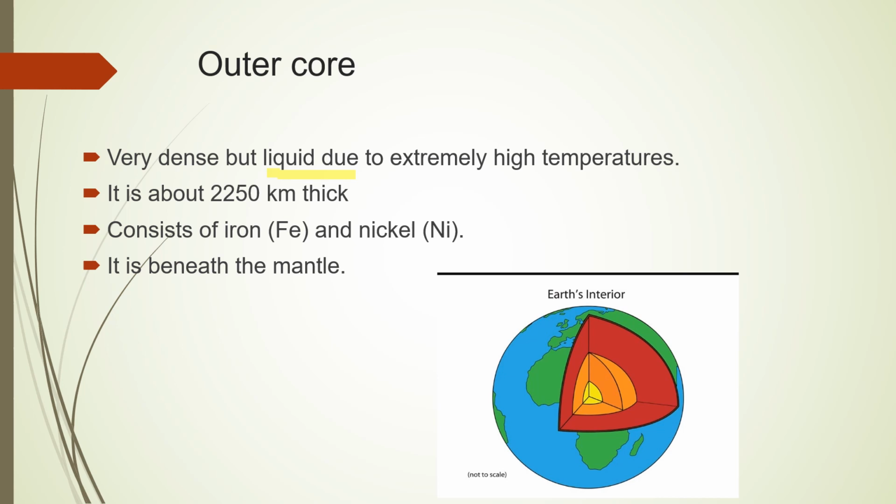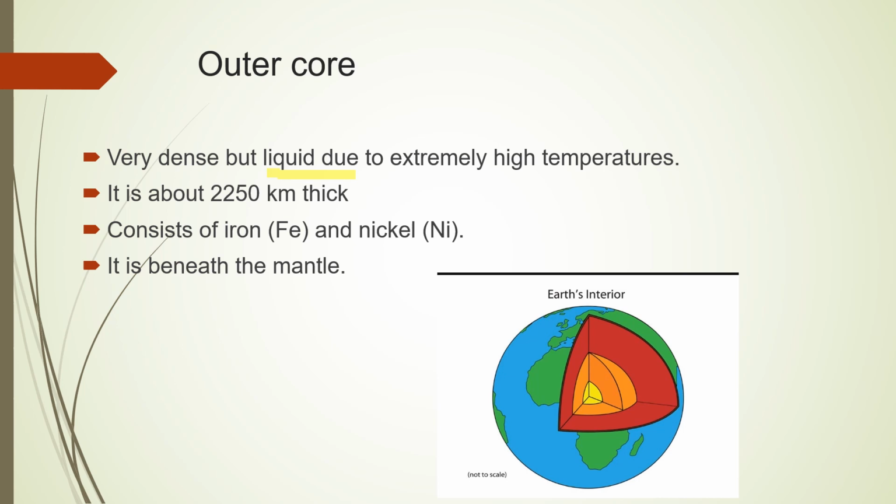It consists of iron and nickel. So here's another unique thing about this layer. It has minerals. We have the iron, we have the nickel. So meaning they are available.